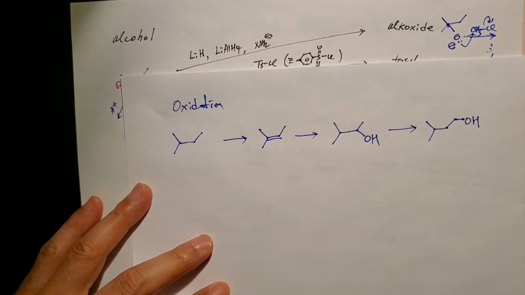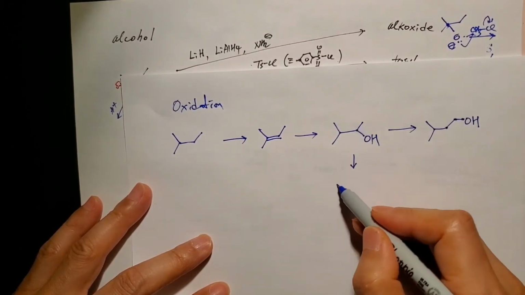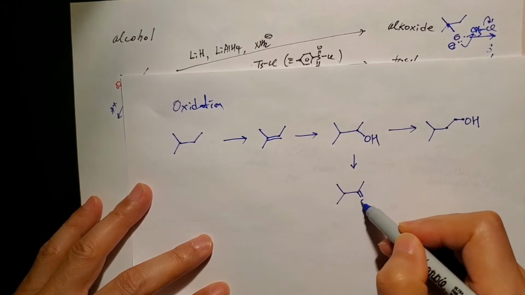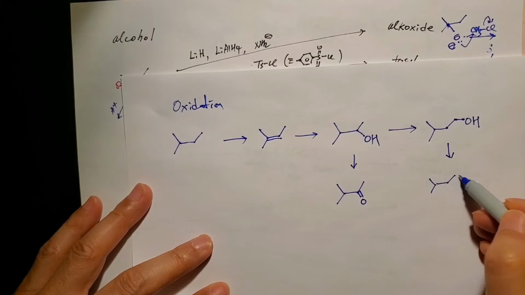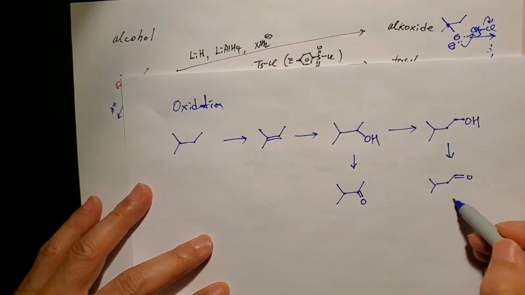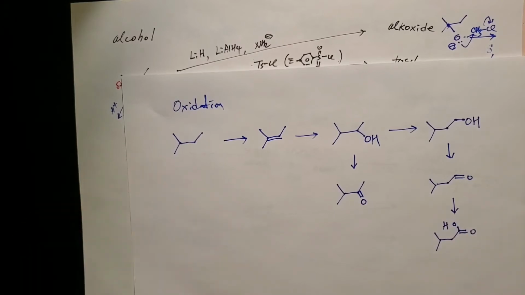So then further oxidizing alcohol, the secondary one, you go to the ketone. But if you oxidize the primary, you can go to aldehyde or further to the carboxylic acid.